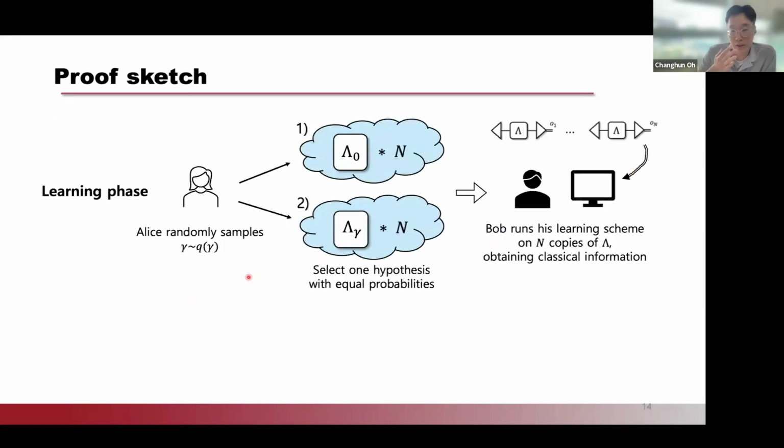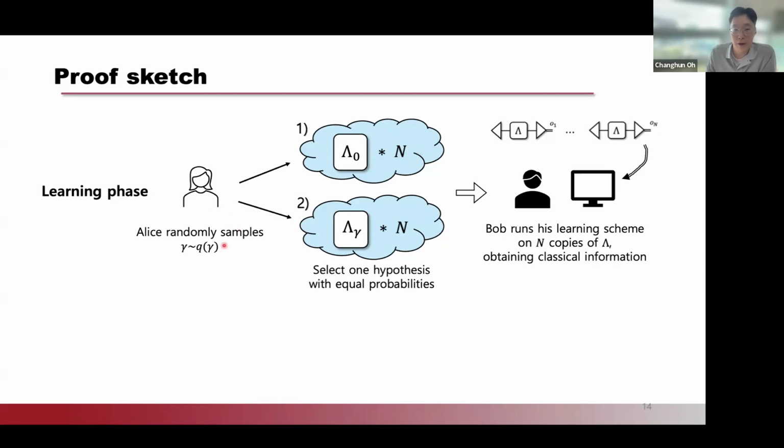To make it more concrete, let me first give you the learning phase. Alice randomly samples gamma that follows a random Gaussian distribution, as introduced in the previous slide. And then with 50%, Alice just ignores this gamma and prepares the single peak channel, which means the gamma equal to 0 channel, and gives it to Bob with n copies.